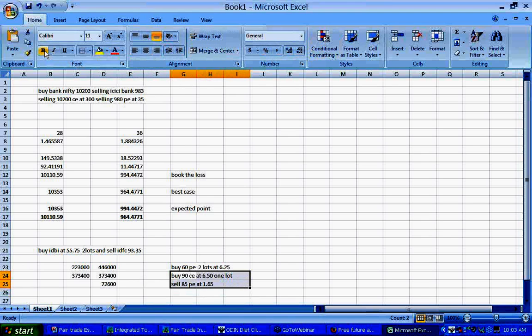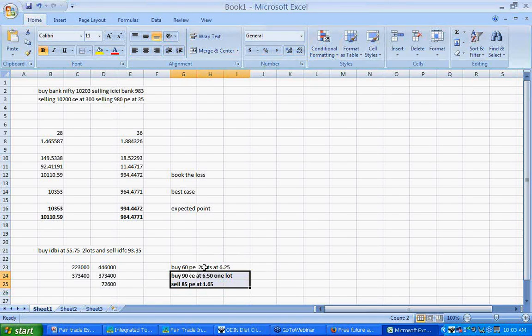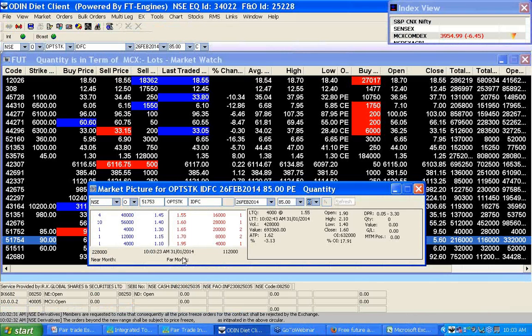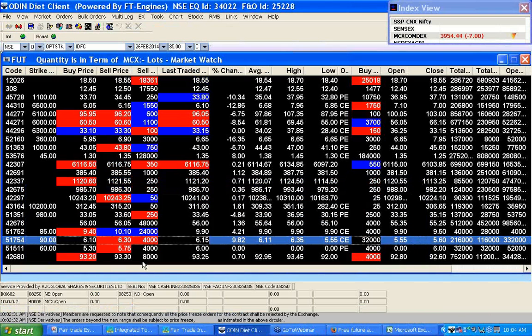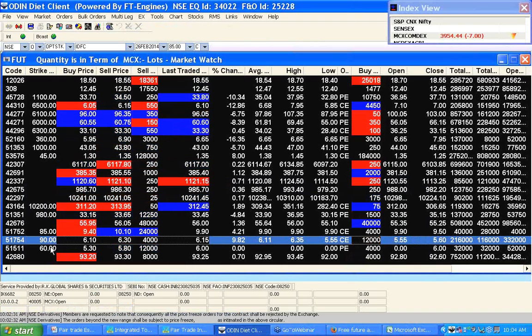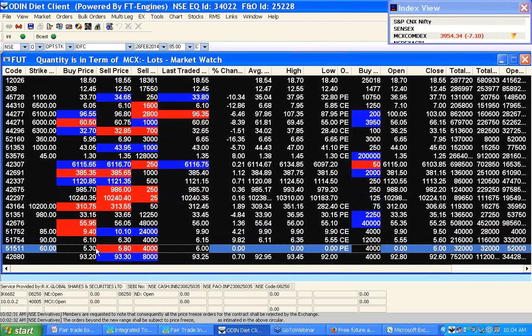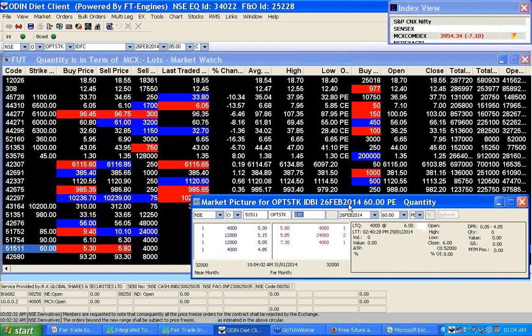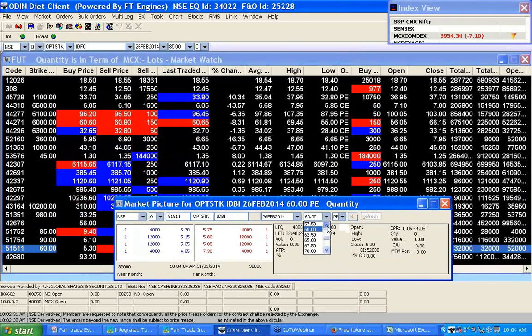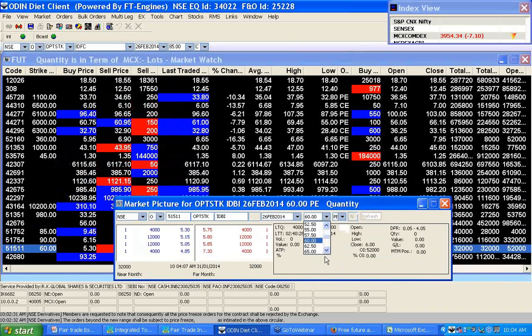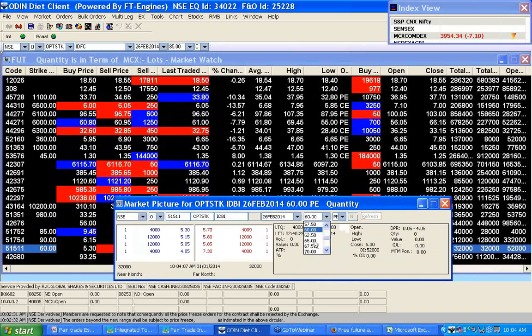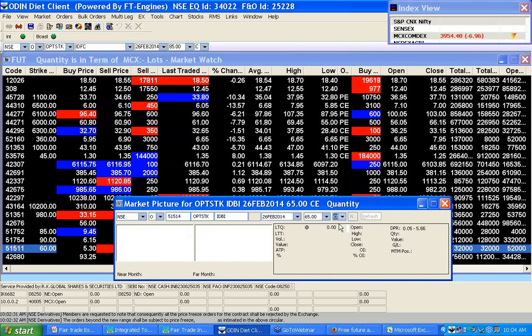During that time many things can change, and you have bought 60 put options, so nothing wrong if you sell some call options of IDBI. If I am going for the 60 put option you have bought, how about a 65 call option?